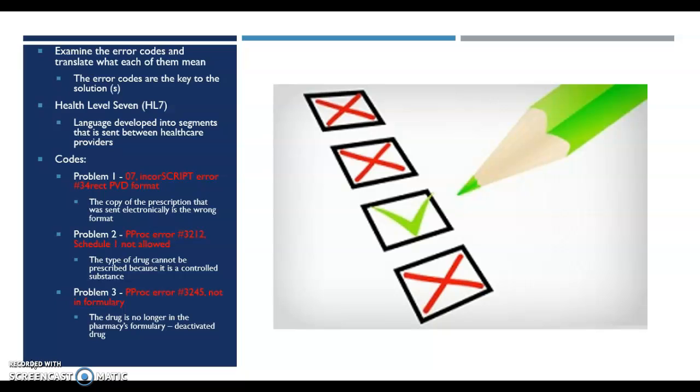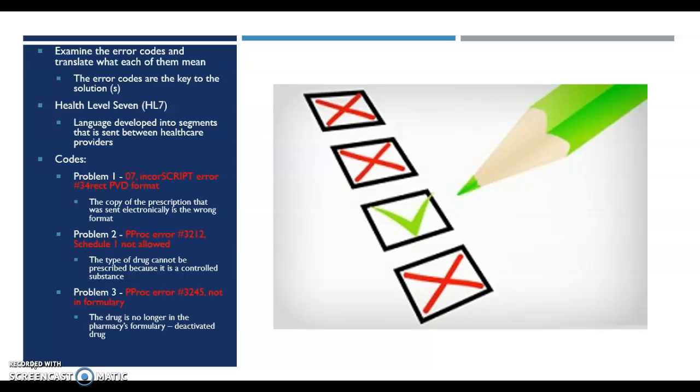I noticed that the PVD format is actually a format like PDF or JPEG. It's similar to that. So it looks like this particular format is not compatible either with the pharmacy's software or maybe the healthcare organization just chose the wrong format of the prescription. That was probably scanned and sent.